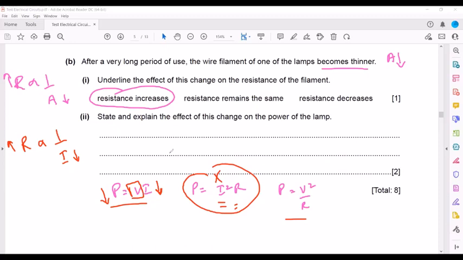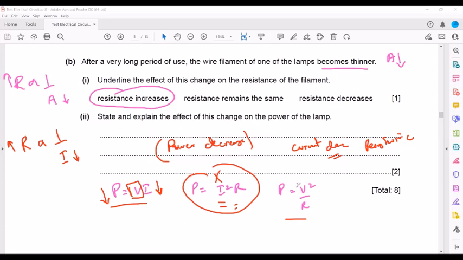Why does the power decrease? Because the current is decreasing. And why is the current decreasing? Because the resistance increases.